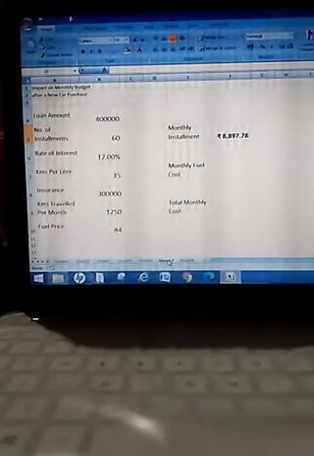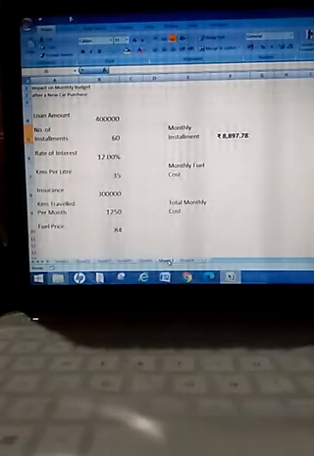Sometimes it is important, when you are taking a loan, that you want the installment to be paid within 4 years, and sometimes in 5 years. So you want to ask what my monthly installment will be if I pay for 4 years or 5 years.